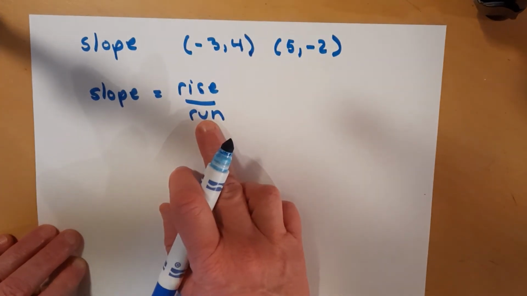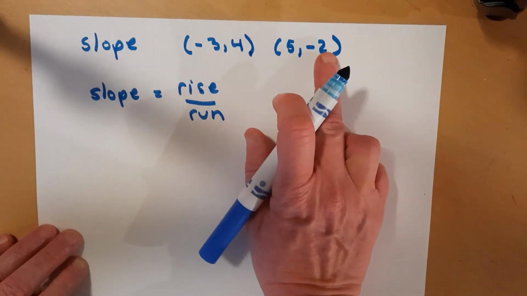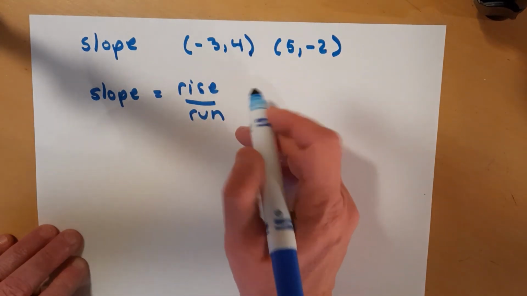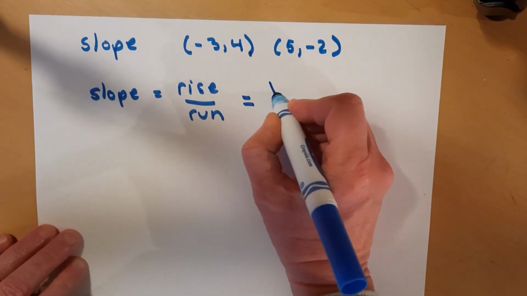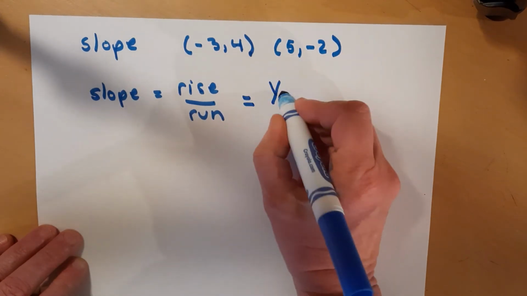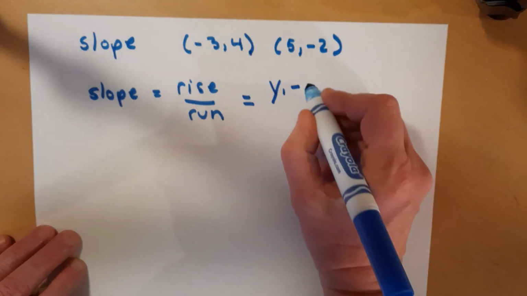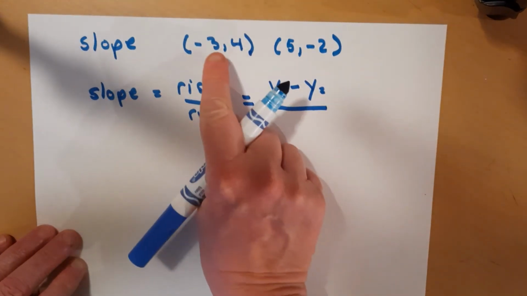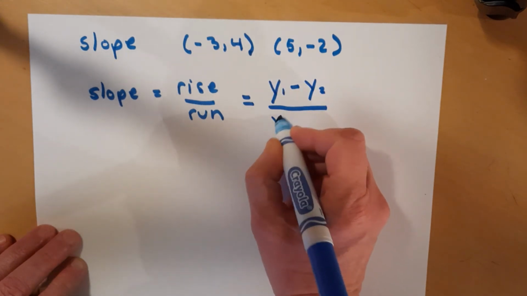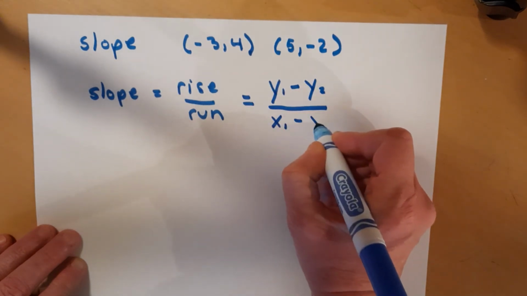And the way you find that is you simply look at the y's. Rise and y's rhymes, so that helps me remember that. You find the difference of the y's, so I'm going to say y1 minus y2, and you put that over the difference of the x's, so I'm going to say x1 minus x2.